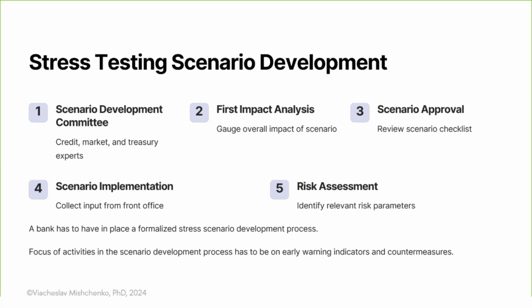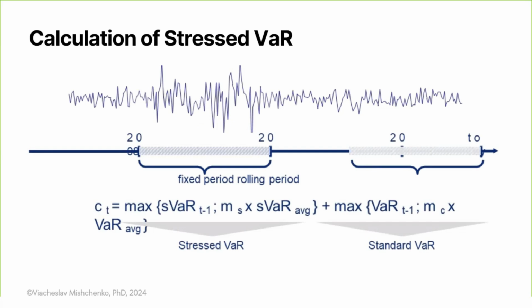And over time, a scenario should become more sophisticated and more tailored to your specific risks. That is why it is iterative. Here on the slide, you can see an example of the calculation of stressed VaR. It is where we take our VaR model and crank it up to 11.